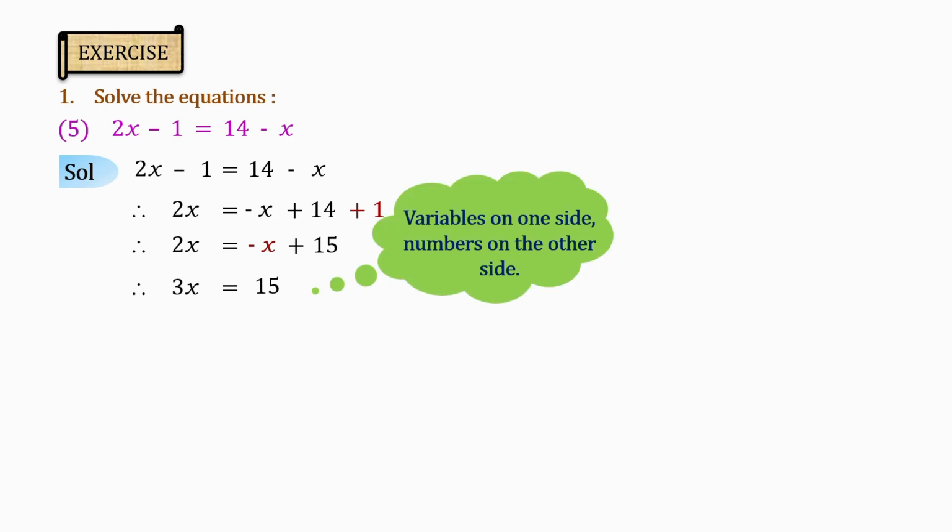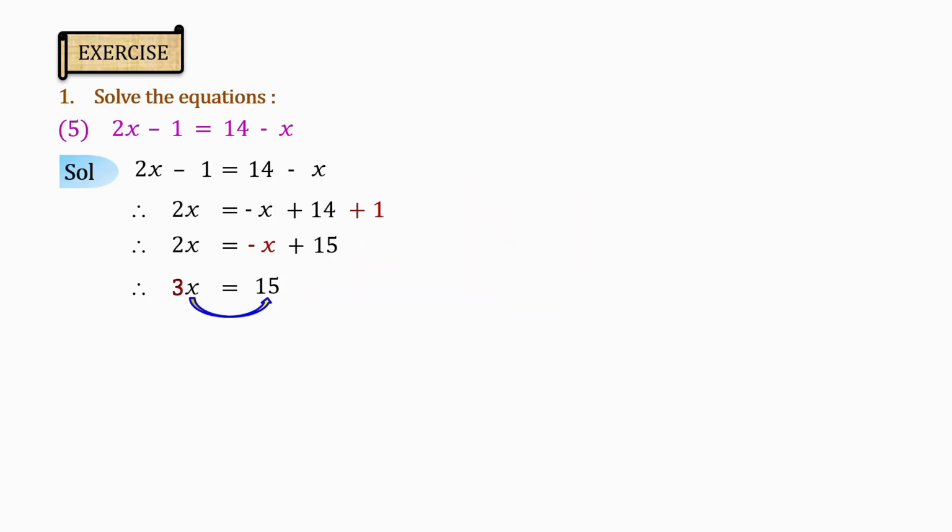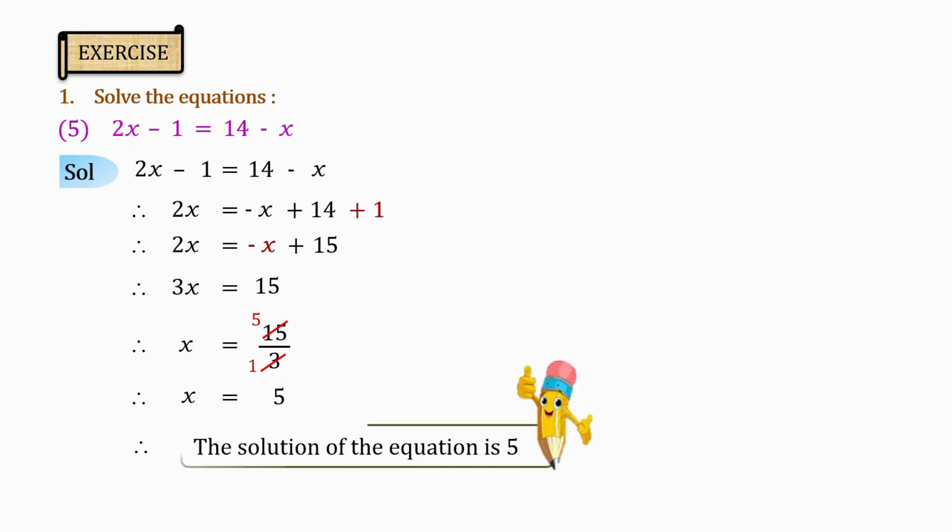Now we are going to shift 3 and that will be divided now. So the final answer will be x equal to 5. Therefore, the solution of the equation is 5.